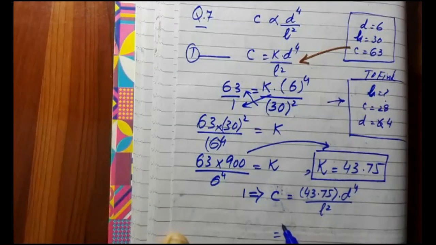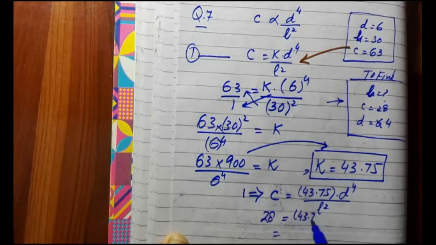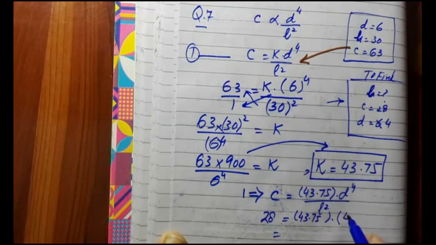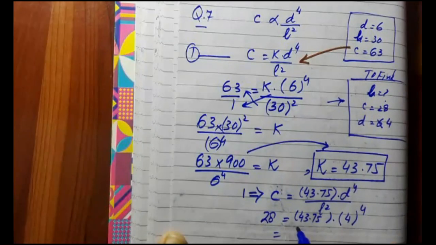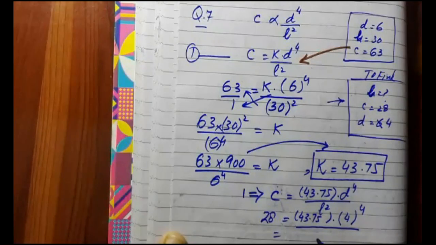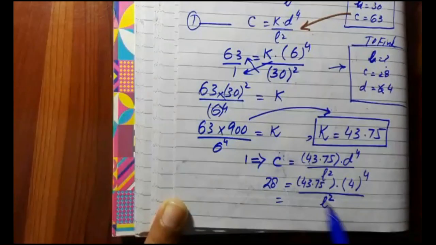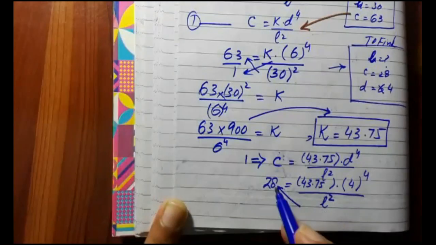While the capacity is written in the statement, if you substitute capacity 28 tons, this is the value of k 43.75 and diameter is provided as 4. So you will write it as 4, and this is the value which has been asked, the length of the pillar has been asked to calculate. You will substitute it in this way, and then you will go for the cross multiplication. L square will be shifted there and 28 will be shifted here, and again you will be using the calculator.